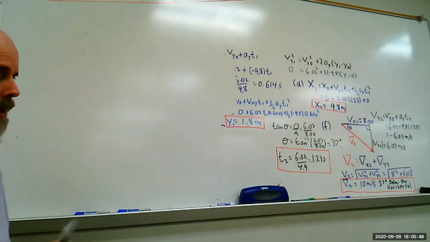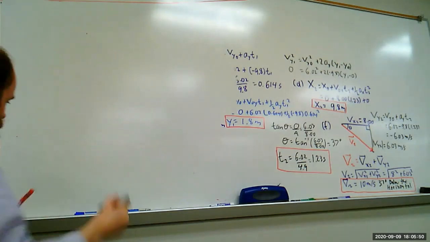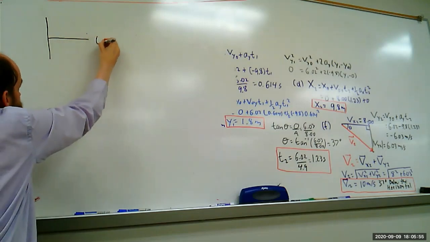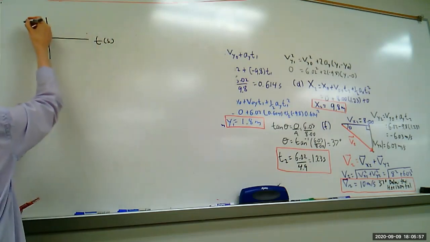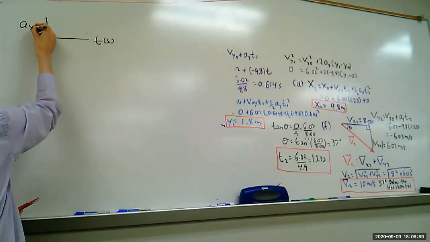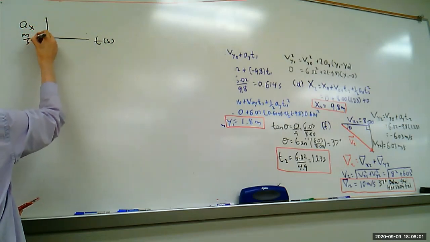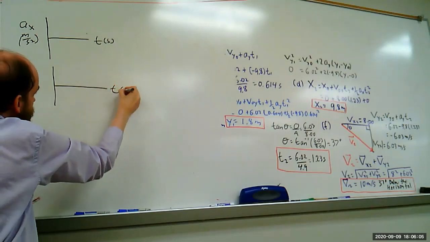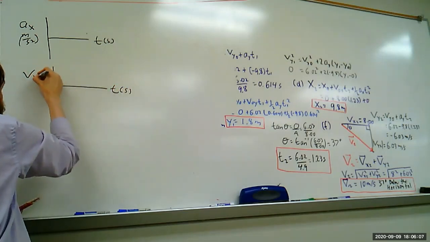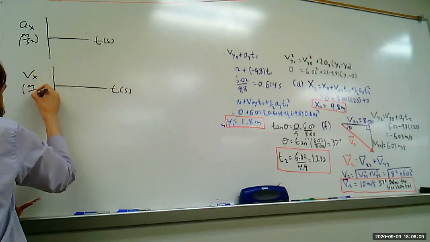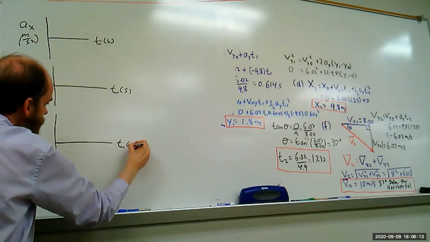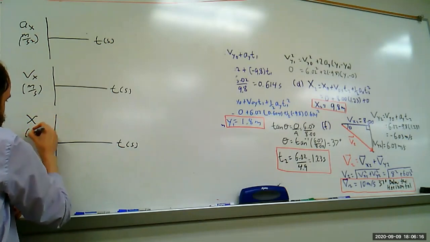So we want acceleration. This is time, seconds. a_x, meters per second squared. Then we have v_x, meters per second. And we have x in meters.